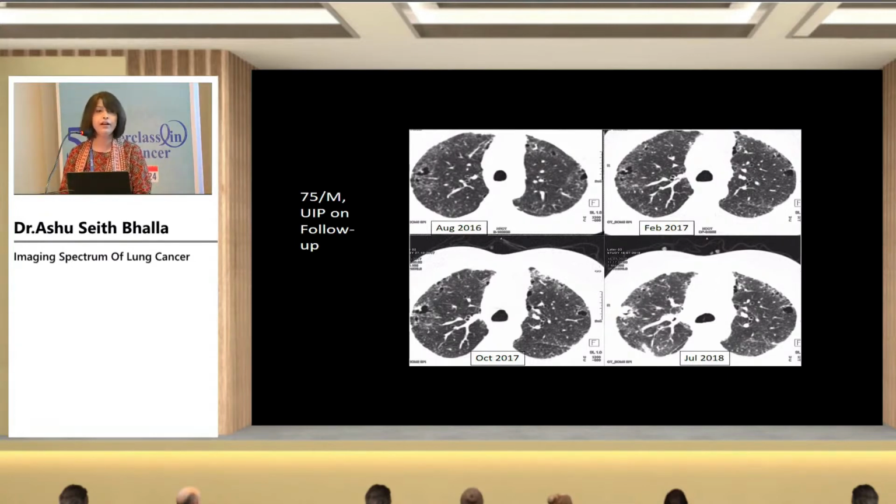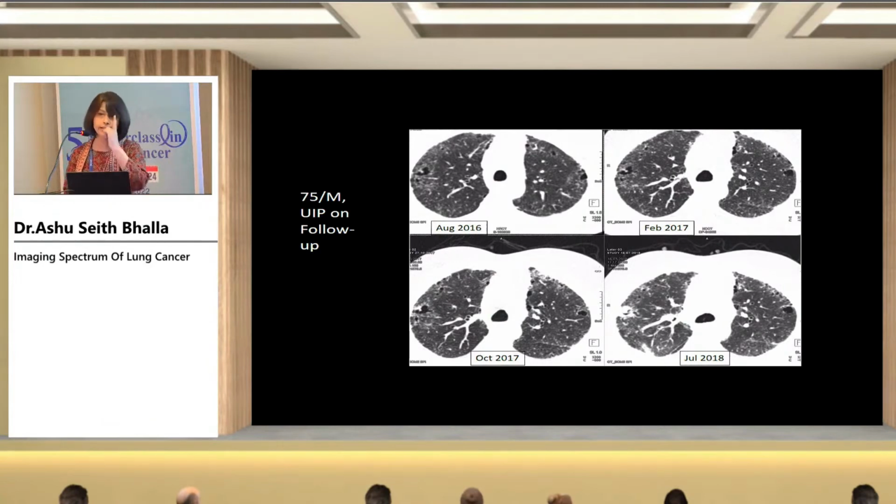This is a 75-year-old patient who was on UIP follow-up. I zoomed these images out because we made the diagnosis when the last scan happened in July 2018, and we sampled and it came out as squamous cell carcinoma. But if you look at October 2017 compared to 2016, we should have predicted it at that time, because there was a bit of eccentric wall thickening beginning to happen in the anterior wall in October.